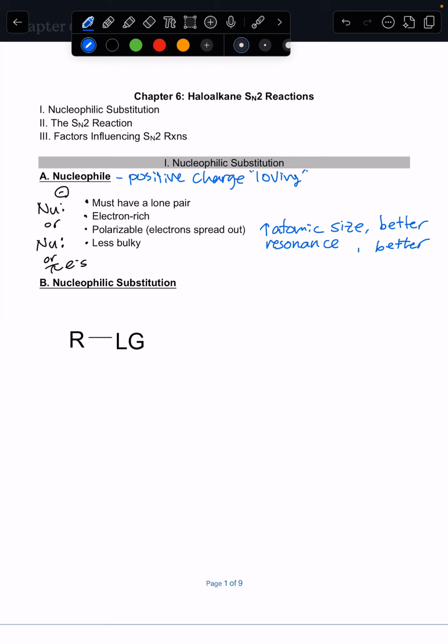And bulky things like big molecules tend to not be nucleophilic, because that bulkiness gets in the way of acting as a nucleophile, as we'll see.